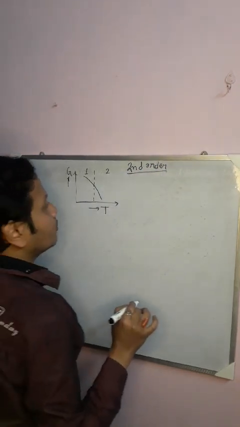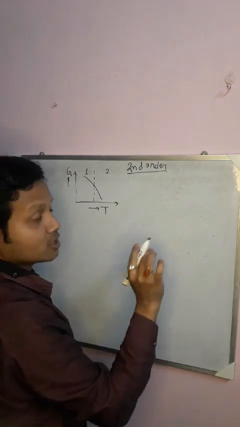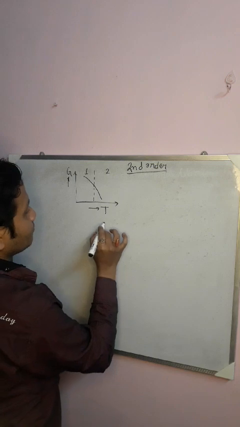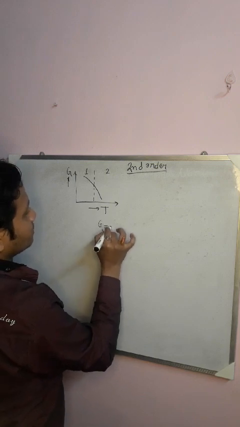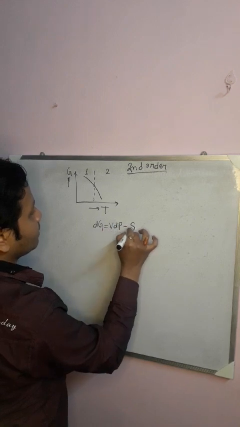And if we look at the first order derivative versus temperature curve, what does it look like? We know simply dG equals VdP minus SdT.